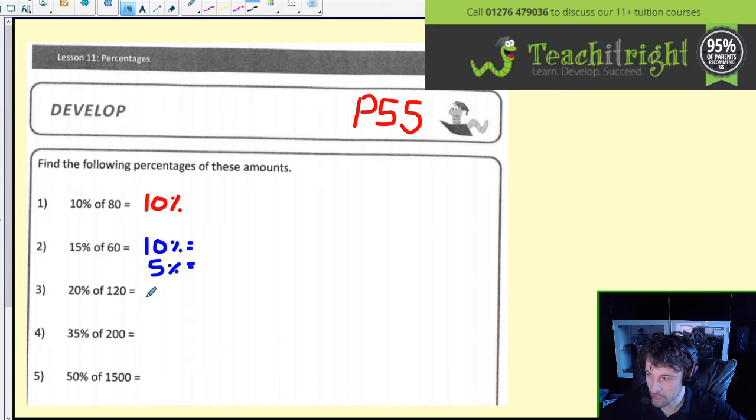Then for this one, you're going to need to work out 10%, and from there, double it to work out 20%. I should colour code it so it looks obvious it's a different question. So question 3, work out 10, then 20. For number 4, I would work out 10%, 5%, and 30%.